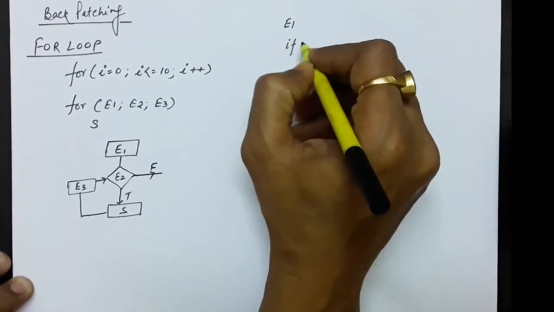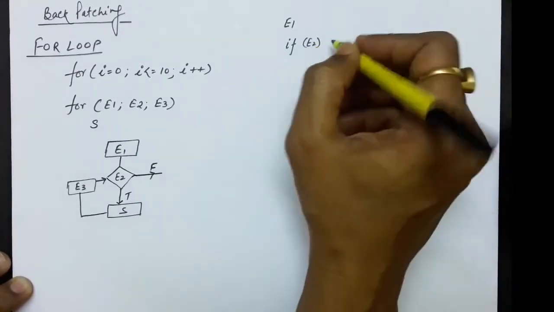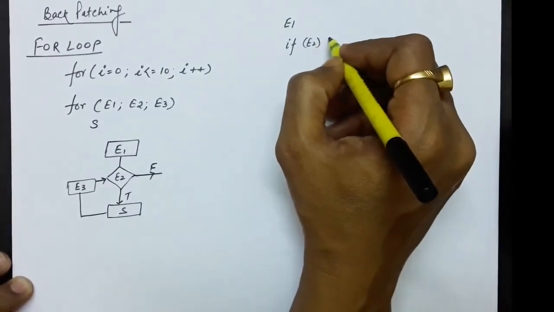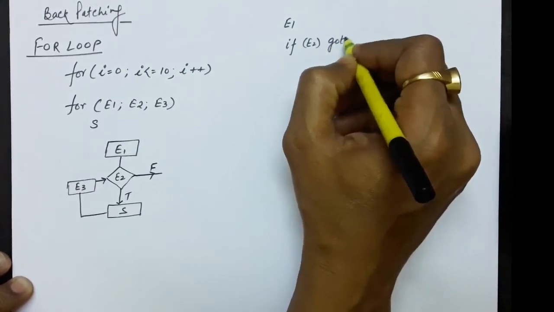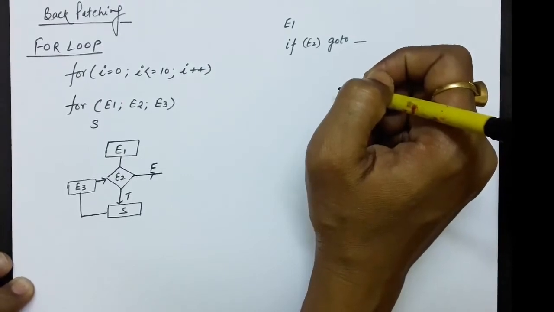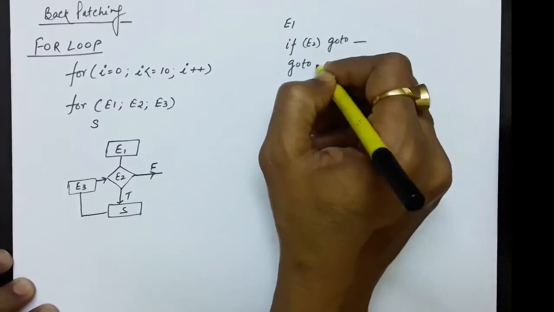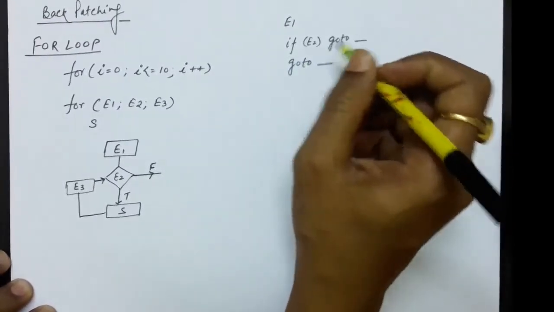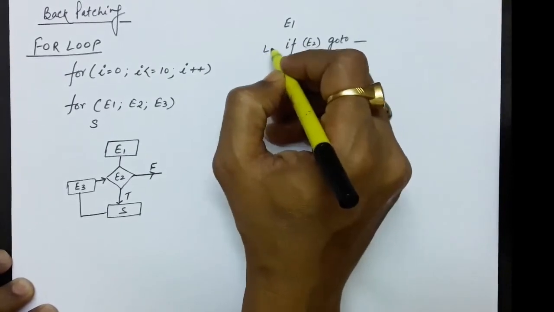So if E2, it means the condition is true, we will go to some level. Let's say that level is not known. But if this condition is not true, certainly we will be going to the last. Fine. So what is the last level? This is not known. We'll write it later. Let's say this level is L1.